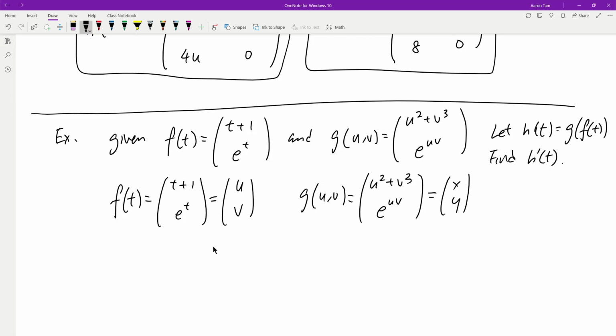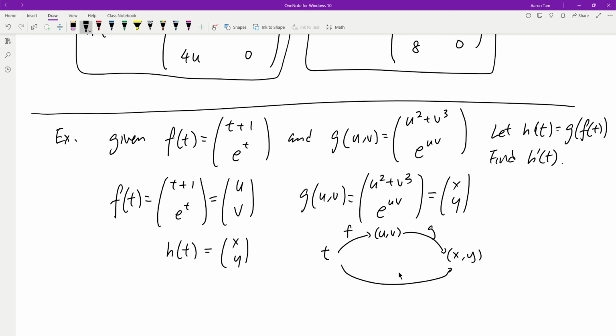So therefore, our function h of t would directly give us the vector xy, just like before. T would go through f to form the vector uv, and then that goes through g to form xy, and then h goes directly between t and xy.